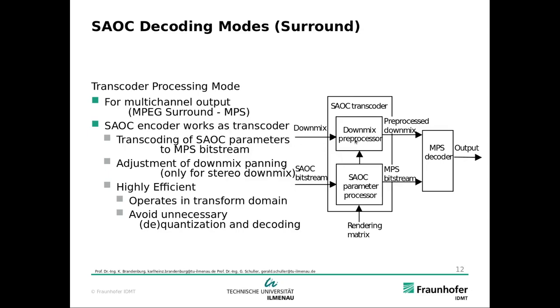Here we have the downmix processor, and here again the same parameter processor. Here we have the rendering matrix now, and we get the MPEG surround bitstream and the processed downmix together into this MPEG surround decoder to get the final output for the speakers.